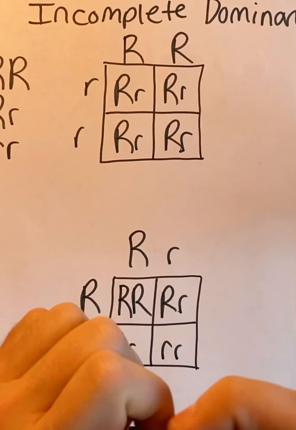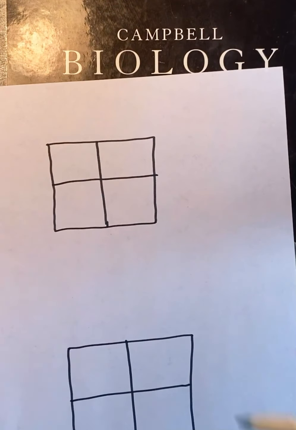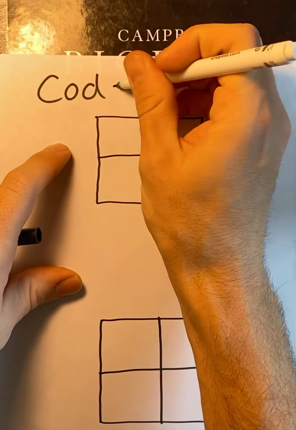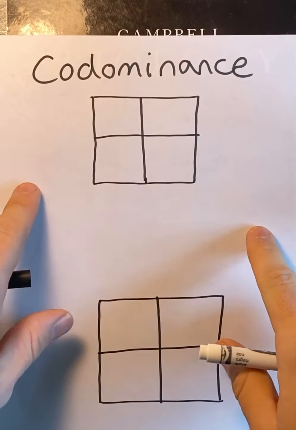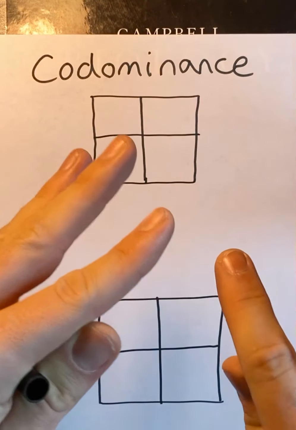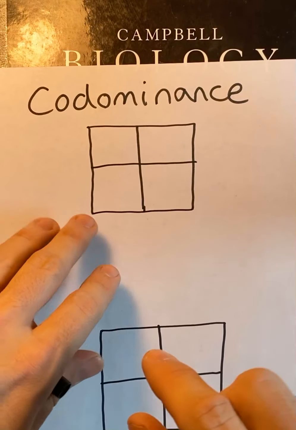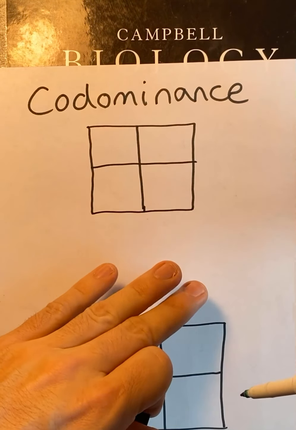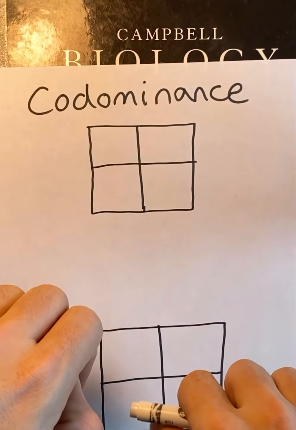So that's incomplete dominance. Another example is called codominance, which is very similar, but the hybrid in this case shows both the dominant and the recessive at the exact same time. So maybe you would have blue fish and gray fish, but the hybrid is going to have blue and gray on it instead.